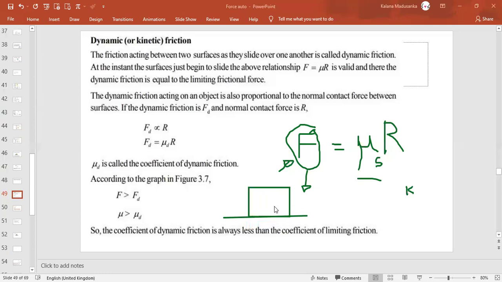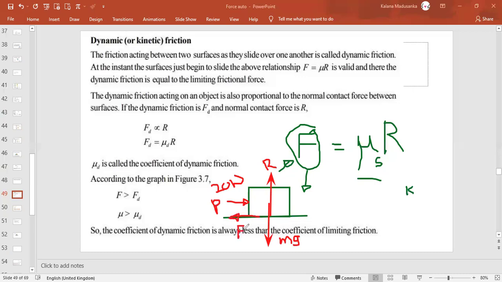And here you can see this is the weight. And from the contact force to the top side, this is the reaction force. This is the R value. This force is R, and this is mg. Let's say this is 20 Newton. Let's say that force is P. What is the friction then? Friction is F.